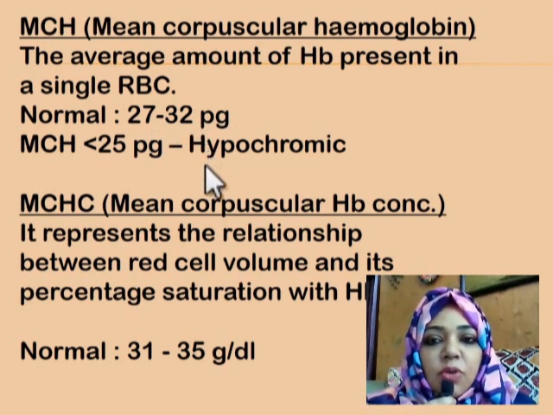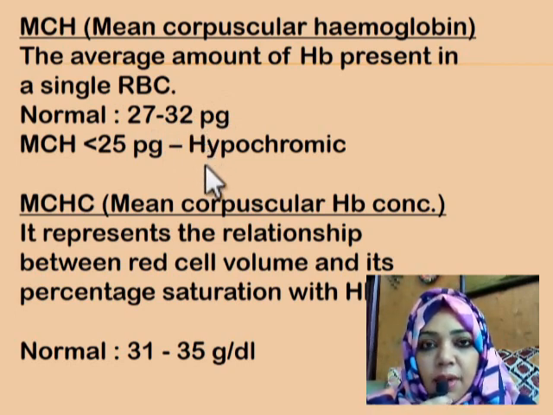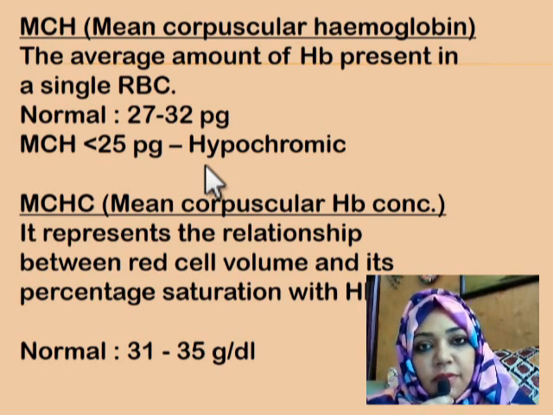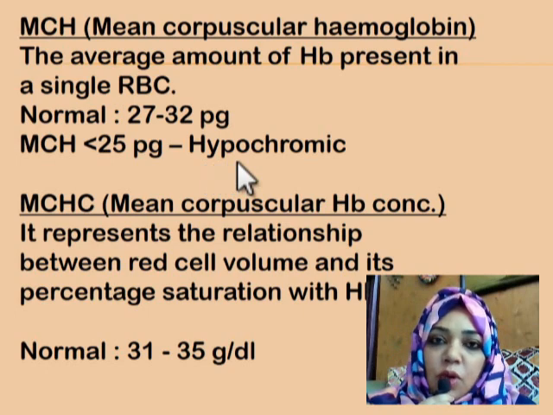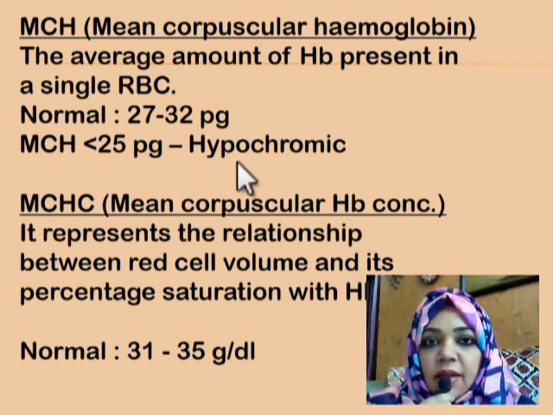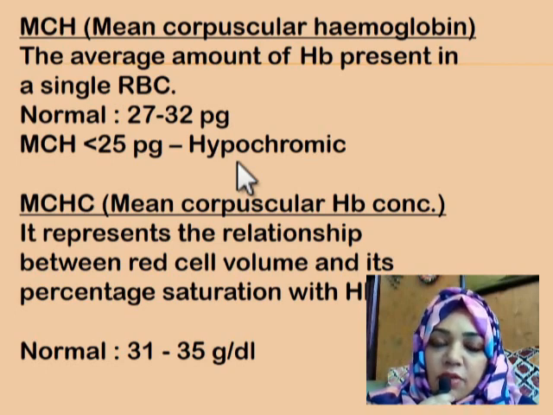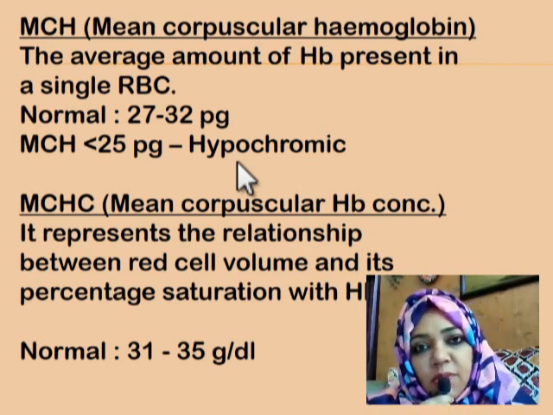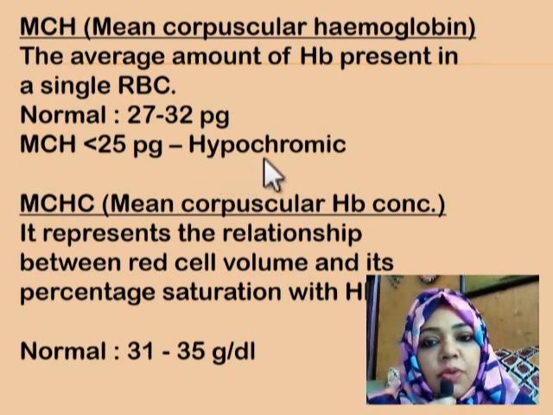And if the hemoglobin in a single RBC is decreased in amount, that is less than 25 picogram, then that condition is called hypochromic. Chrome means color, and hemoglobin is responsible for the red color of the RBC. So when there is decreased levels of hemoglobin, then the color will decrease, so it is hypochromic.